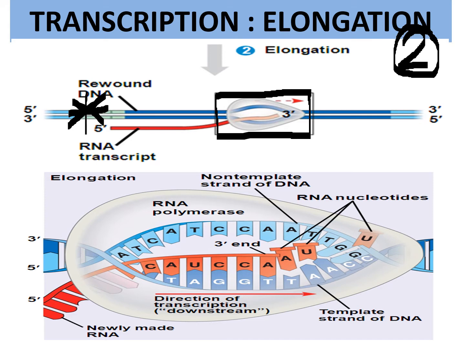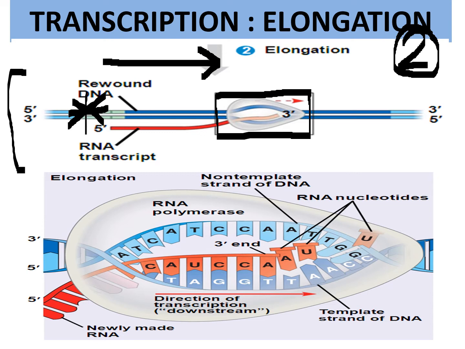So we can see that in our first diagram, your RNA polymerase is moving down your DNA strand along your template strand. As it moves down the template strand, the RNA polymerase adds in free RNA nucleotides, which are complementary to the template strand DNA nucleotides.